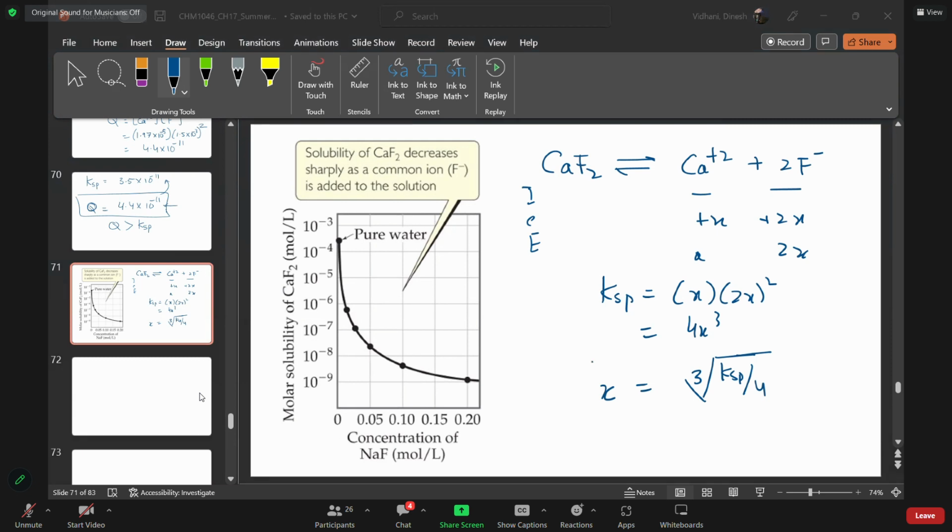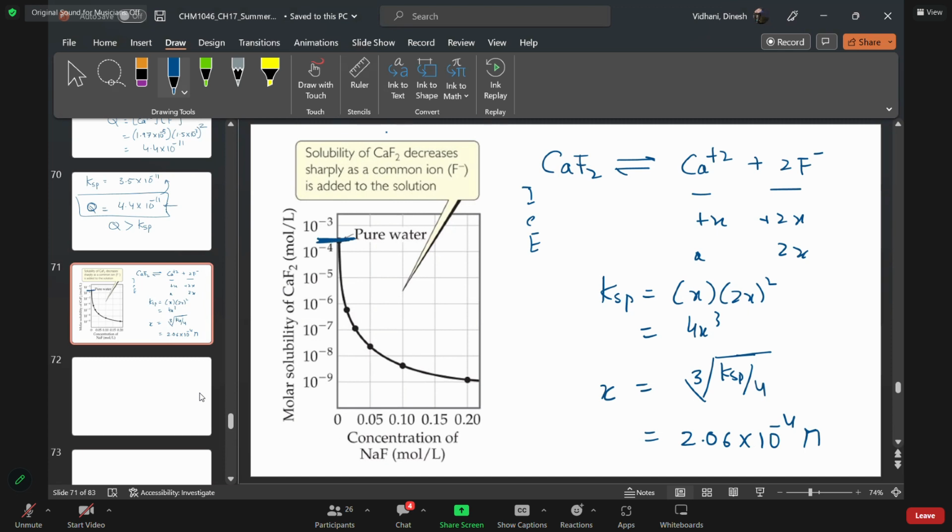All of you are getting that answer? So this one should be in the pure water. Do you see? It's right here. So it matches with our calculation, number one.